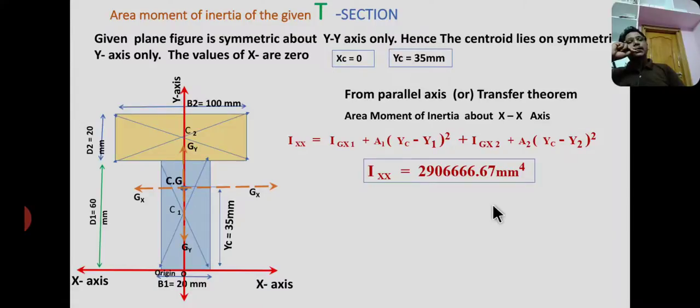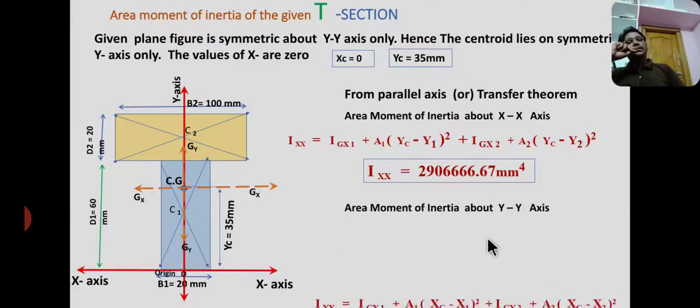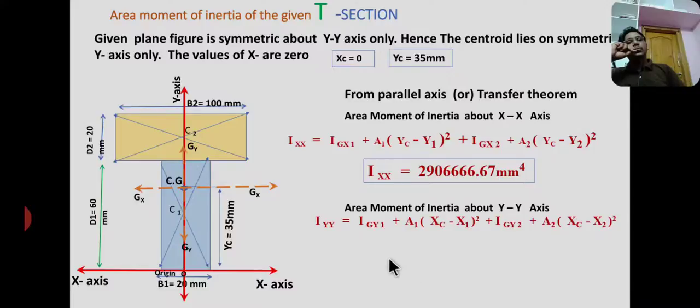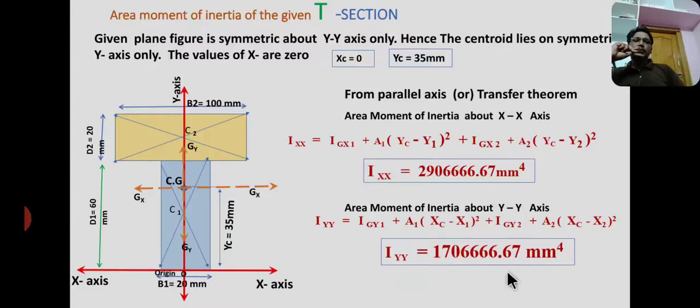Similarly, area moment of inertia about the y axis, Iyy equal to Igy1 plus area 1 into (xc minus x1) whole square plus Igy2 plus area 2 into (xc minus x2) whole square, and the final answer is Iyy equal to 1706666.67 mm power 4.